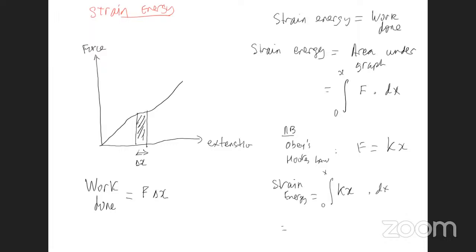It will be kx squared over 2, between x and 0. So what that means is that your strain energy is equal to plugging in x and 0, and you'll get a half kx squared. So don't worry about the integration too much. Just highlight that strain energy is equal to a half kx squared, and is the area under the force extension graph.